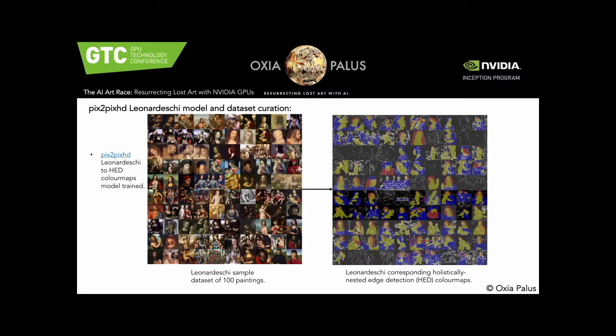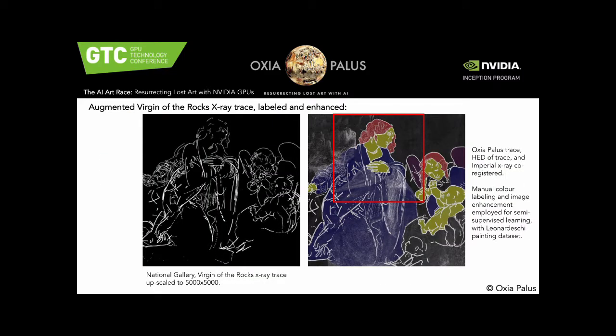The black and white image on the left is a trace of the X-ray of the Virgin of the Rocks. We've taken that image on the left and co-registered it with the Imperial X-ray. We've then manually edited that piece, adding in and highlighting certain features such as the face and the hair.